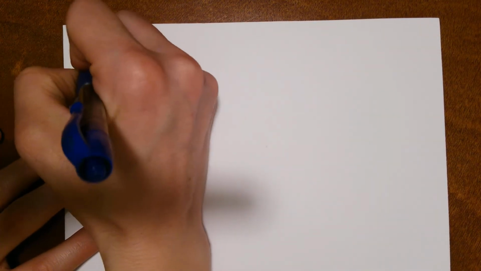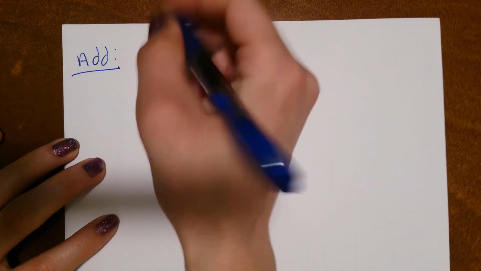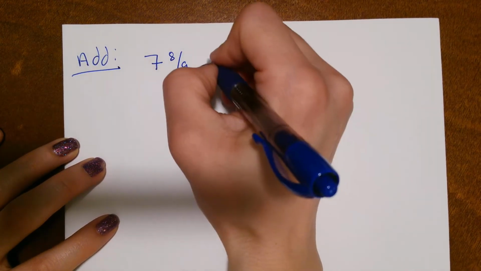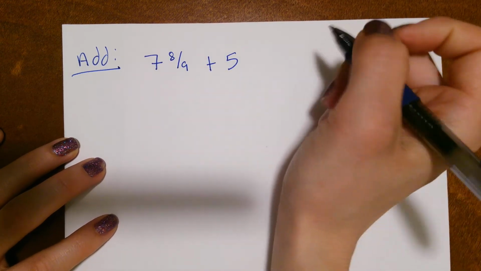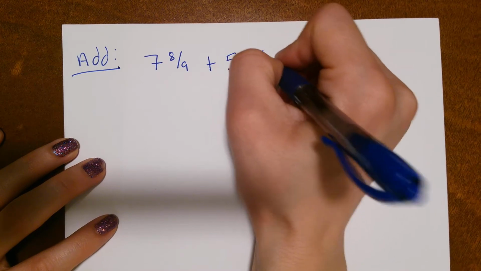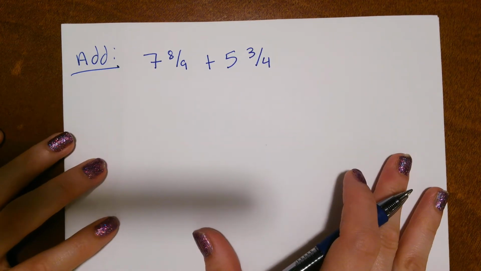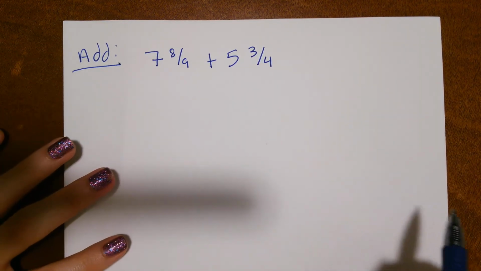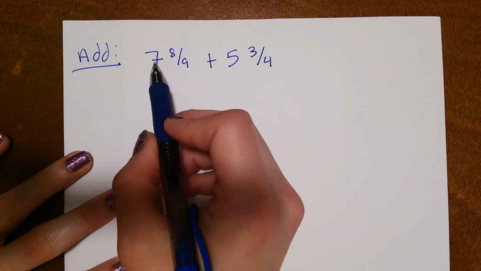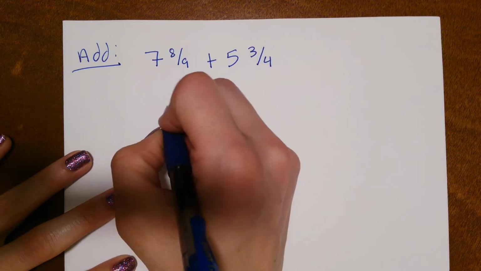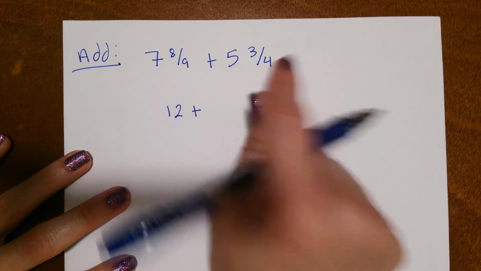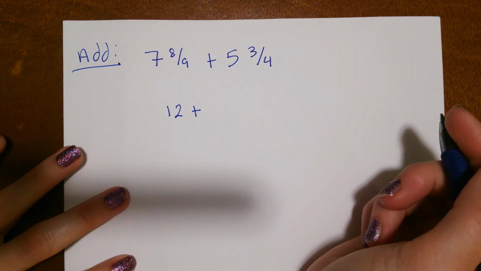So let's say we have 7 and 8/9 plus 5 and 3/4. So again, by using our associative and commutative properties or laws of addition, I know I can add my two whole numbers. 7 plus 5 gives me 12, and find a common denominator to add together my two fractions.